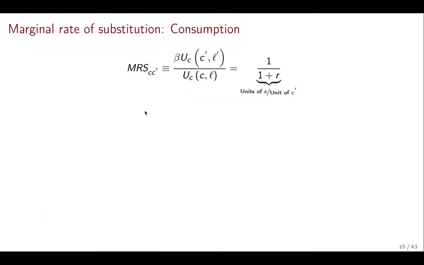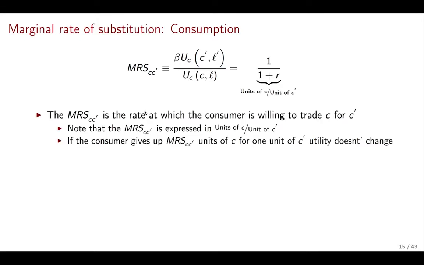We can also express these differently in terms of the marginal rate of substitution between consumption today and consumption tomorrow. The marginal rate of substitution is going to be the rate at which the consumer is willing to trade present consumption for future consumption. Note that the MRS is expressed in units of consumption today per units of consumption tomorrow.